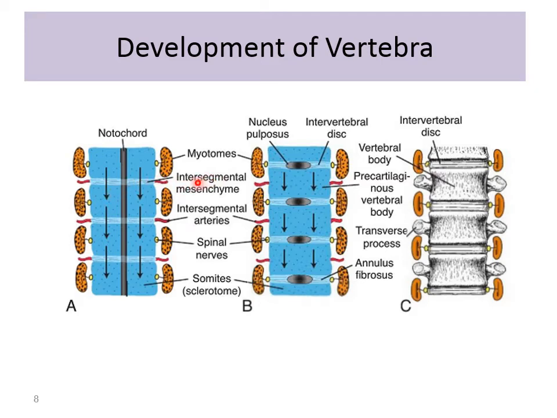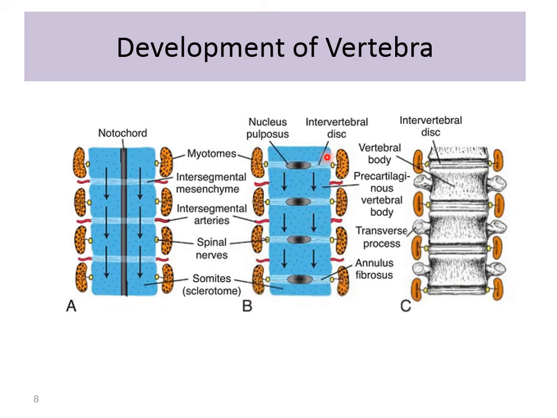Then we have the intersegmental mesenchyme. This intersegmental mesenchyme does not differentiate and remains to form the intervertebral disc. So the image in A, this occurs at the 4th week.